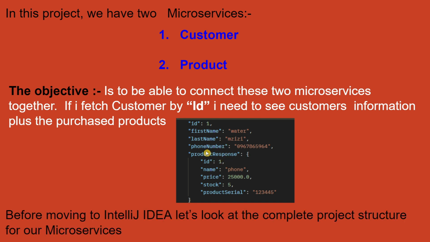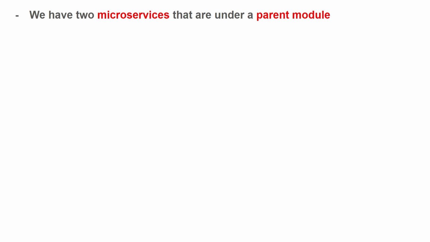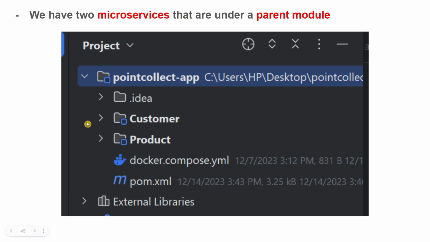Before moving to our IDE, let's look at the complete project structure for our microservices. We have two microservices under one parent module. As you can see here, we have this parent module called Point Collection App.